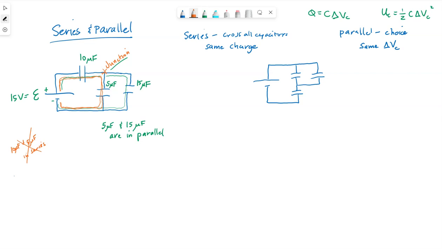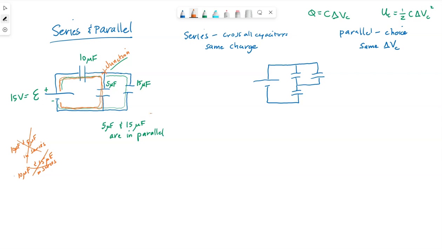When we talk about capacitors being in series, there can be no other option than following our path through those two specific capacitors. Since we have the choice to go through the 10 and then through the 15, that's why the 10 and the 5 are not in series. Similarly, the 10 microfarad and 15 are not in series either, for the same reason. We have a choice to pass through either the 5 or the 15.